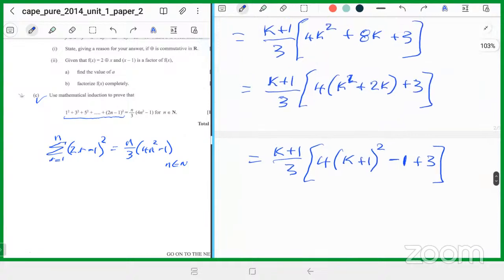When I factorize out this 4, and I'm completing the square inside here, I have to put back this plus 3 with a different bracket. So after I factorize the 4, inside here, put a different color around this bracket.